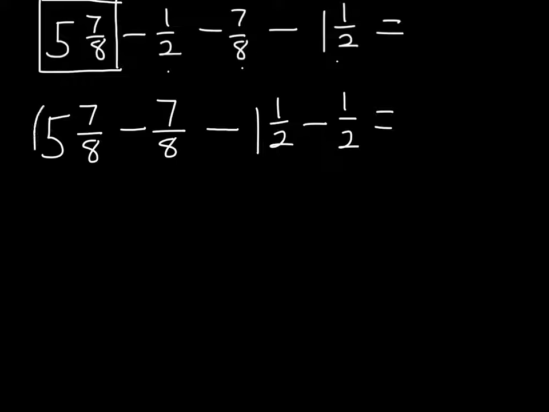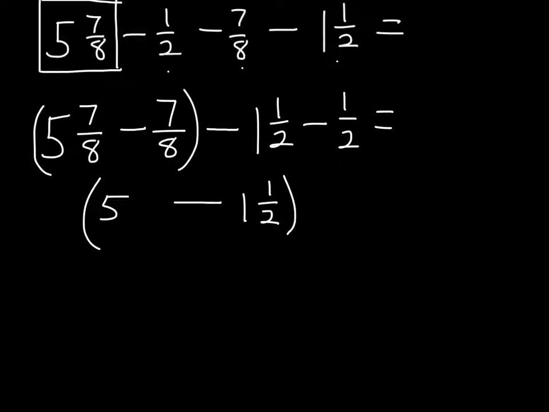And when I do this, I'm going to take 5 and 7/8 minus 7/8, and that's easy. I can do that in my head. That's going to be 5. And then the next thing I want to do is subtract 1.5, and that's easy enough.